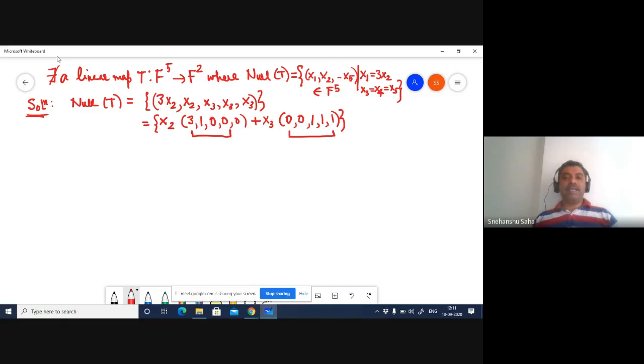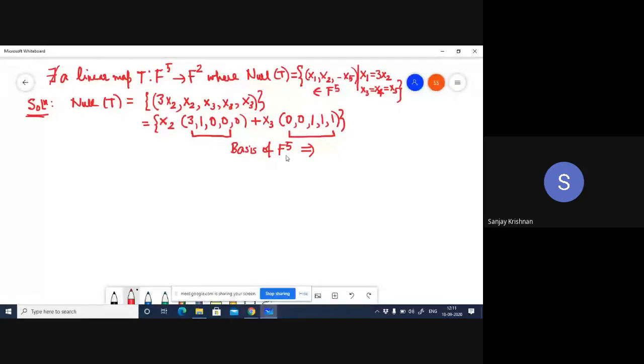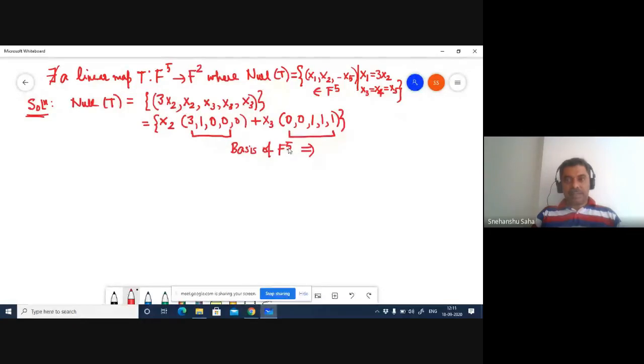It's easily seen. So these two vectors form the basis of F5, clearly. Sorry, these two vectors form the basis of null of T. Just a minute. They form the basis of null of T, right?